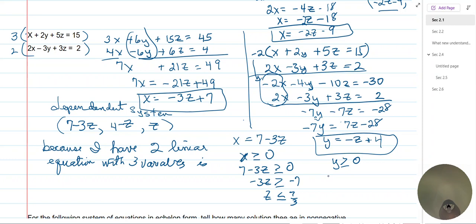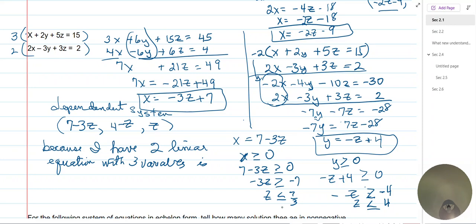So negative z plus 4 is greater than or equal to 0. So negative z is greater than or equal to negative 4. Now I'm going to have z is less than or equal to a positive 4.